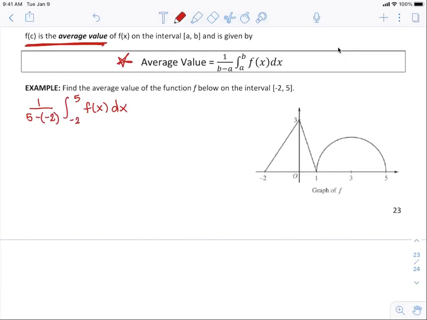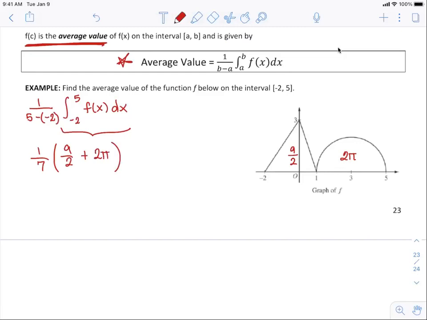If you remember from a couple sections ago, we've seen this graph before. The area of this triangle here is 9/2, and the area of this semicircle is 2 pi, half of a circle of radius 2. So we're going to have 1/7 times 9/2 plus 2 pi.